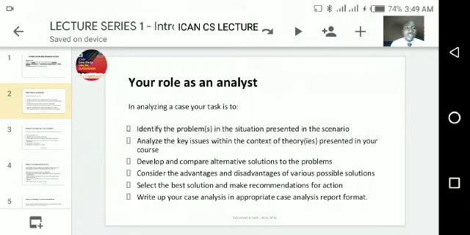The best alternative solution is the one you will present in the case. Then you consider the advantages of this possible solution before you select the best solution by making what?